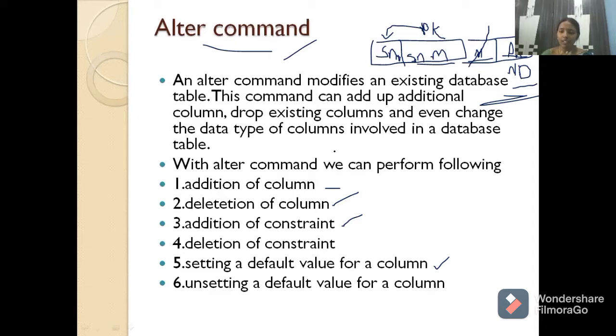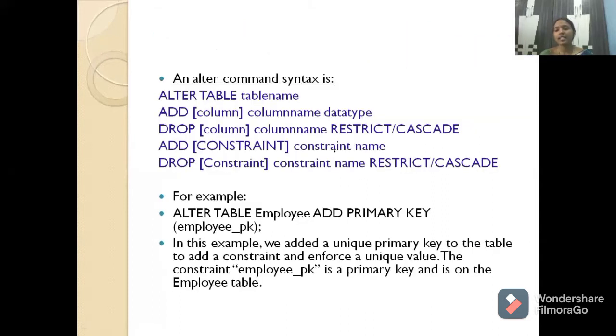Why? Because after creating a table, if new requirements come from your customer when you design a database, we can handle them with the help of the alter command. So what is a database? It's a storage location. DBMS is a software which is used to manipulate the data in the database. Now we'll see some examples for the alter command.